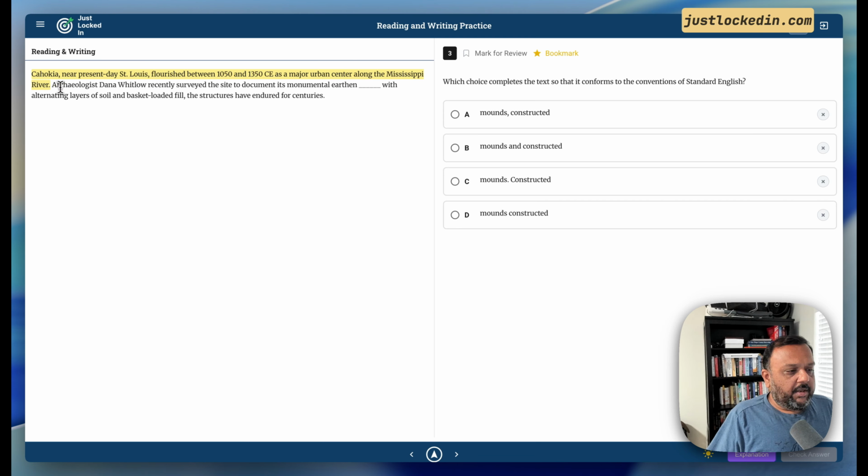All right. So let's look at this one. "Archaeologist Dana recently surveyed the site to document its monumental earthen mounds." That is a valid sentence and therefore an independent clause. "Constructed with alternating layers of soil and basket-loaded fill, the structures have endured for centuries."